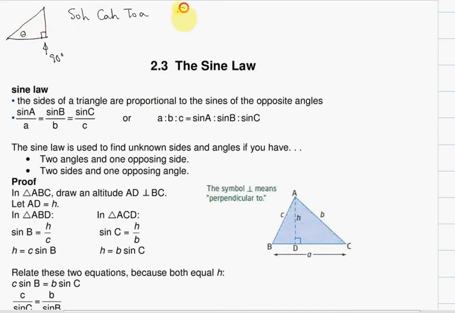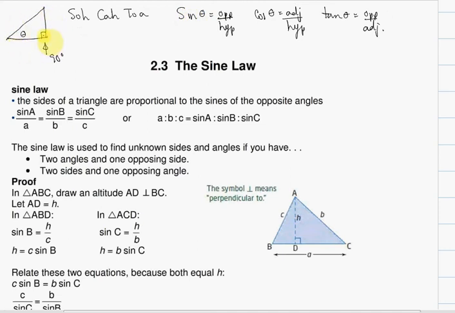So you know that sine of theta is opposite over hypotenuse, cosine of theta is adjacent over hypotenuse, and tan of theta is opposite over adjacent. Now, you can only use these ratios when you're dealing with a right triangle.